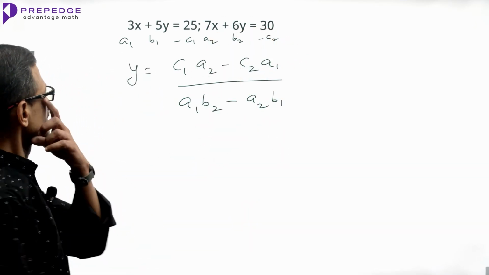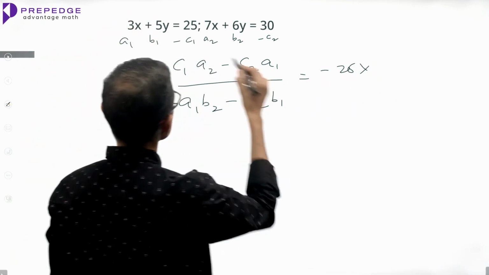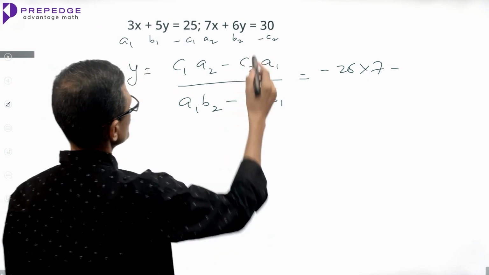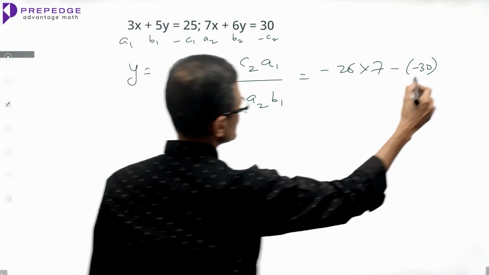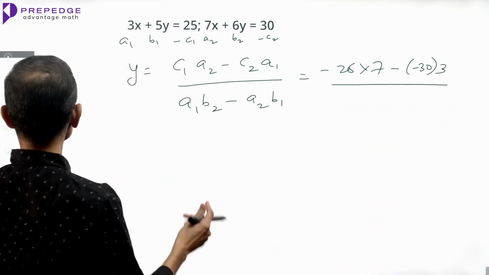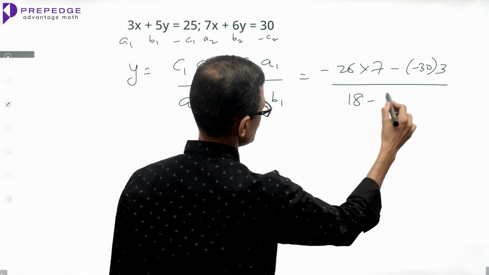Minus 30 is c2. c1 is minus 25 into a2 is equal to 7, minus c2 is equal to minus 30 and a1 is equal to 3. This divided by a1 b2 minus a2 b1, ஏற்கனவே கண்டுபிடிச்சிருக்கோம். So let's not even waste time. 18 minus 35 அதோட வேல்யூ எழுதிக்கலாம்.